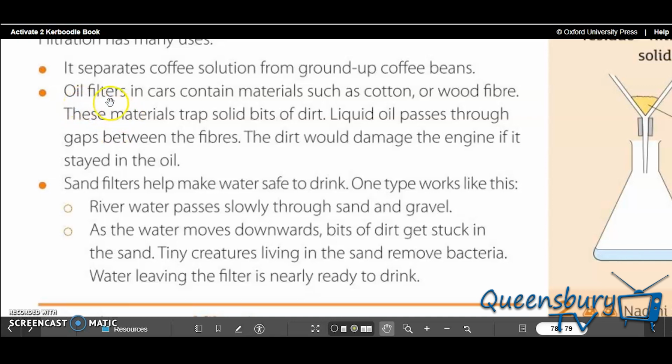In cars they have oil filters to trap bits of metal and dirt in the filter and not circulate around the engine. So there's clean oil that circulates around the engine without any bits in it. So the oil filter traps the bits, trapping solid bits of dirt.